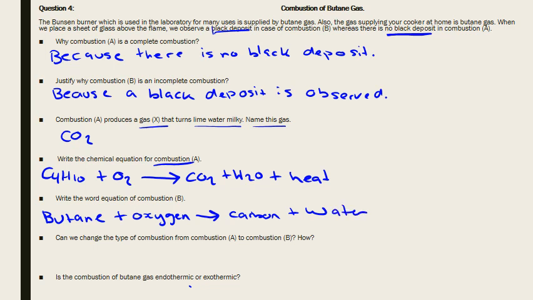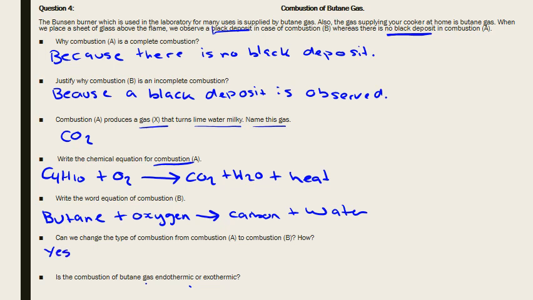Can we change this type of combustion from combustion A to combustion B? How? Yes, we can change it. With incomplete combustion, there's a lesser amount of oxygen. So what we can do is decrease the amount of oxygen received by the butane gas.